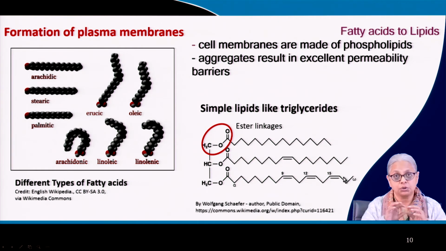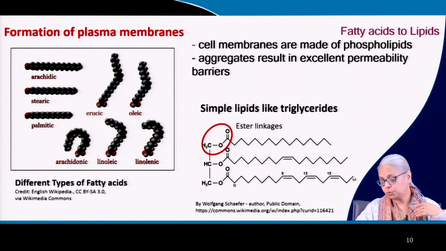You can see these long chain fatty acids in this particular graphic, and these fatty acids are linked to the glycerol by ester linkages. So these are some of the fatty acids that can be part of the plasma membranes, and they all vary in terms of the number of carbons. They vary from C16 to C18 or even more.